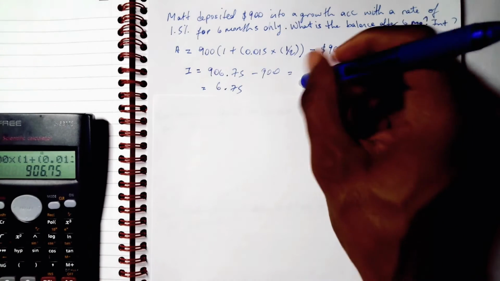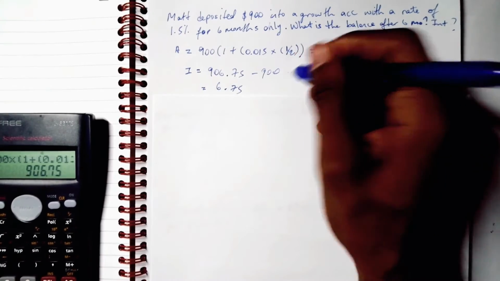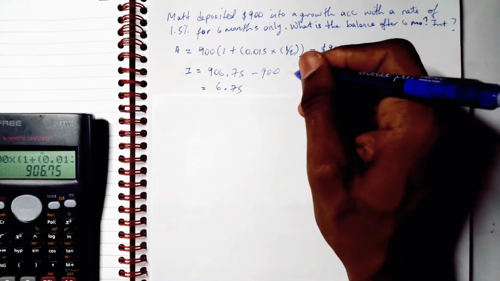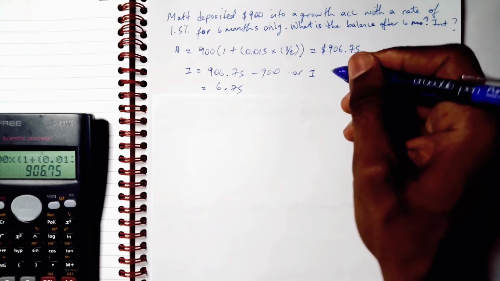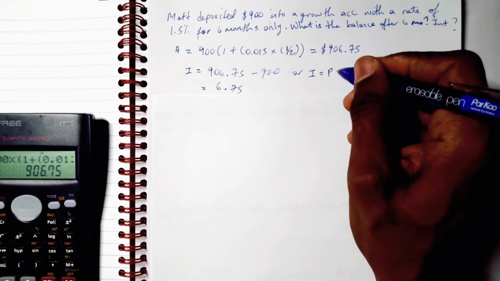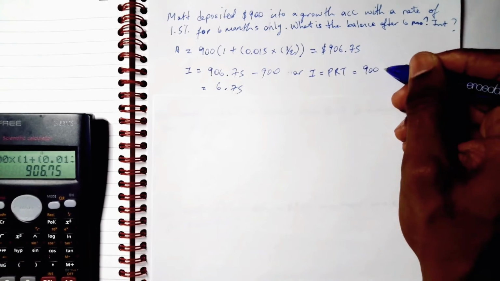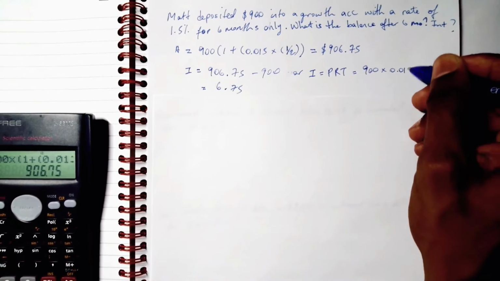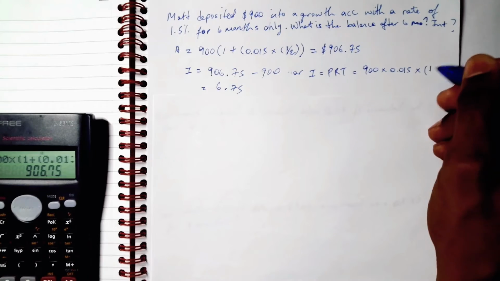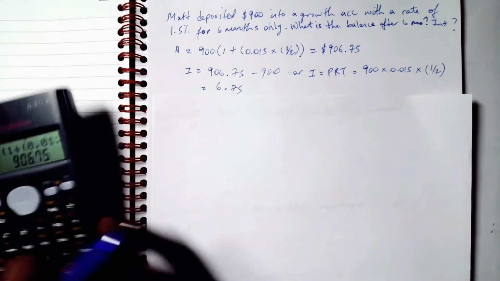6.75. If we want to confirm this, we can always use the formula PRT, which is going to be 900 times 0.015 times a half. Where's our calculator?